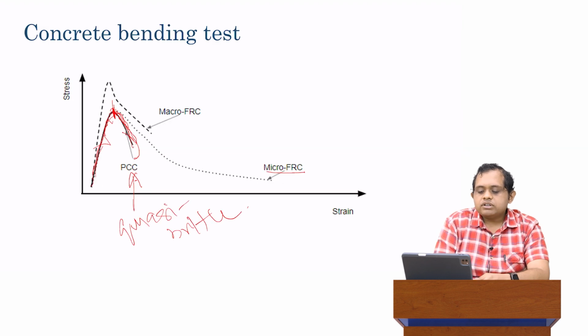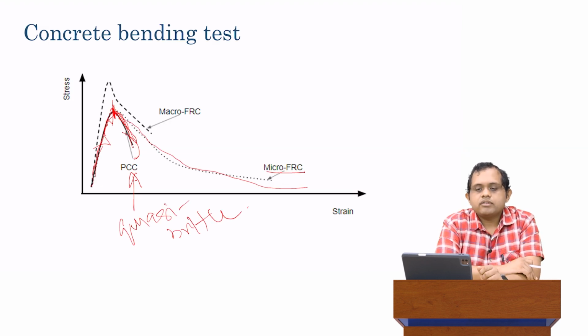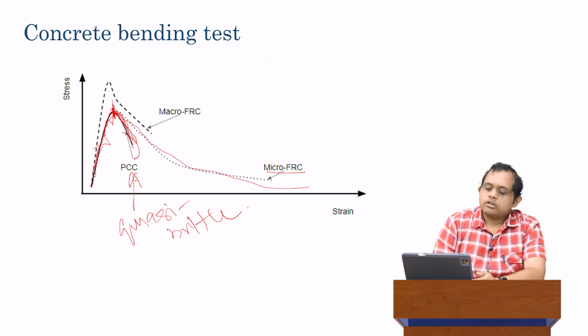That is, after this peak, the PCC with microfibers, or micro FRC, does not break that easily. And that's because of that bridging effect that we saw, when we have a microfiber and a crack is starting to form. This peak, by the way, is formed when this crack initiates. So when this crack is starting to propagate, the propagation of the crack becomes arrested by the presence of these fibers.